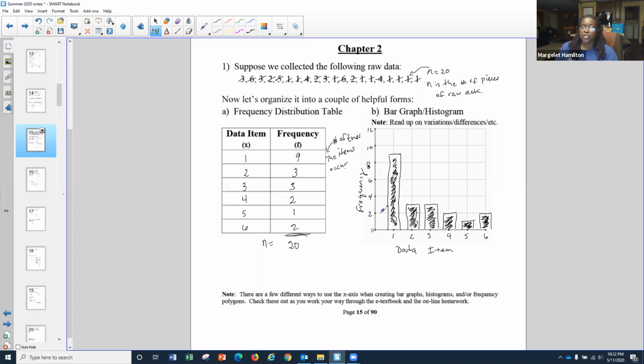bars. So if I looked at my bar graph, just say we didn't have our table here, I can say, oh, this is 9, this is 3, this is 3, this is 2, this is 1, and this is 2. And then I can add those values up, and that would give me my n.